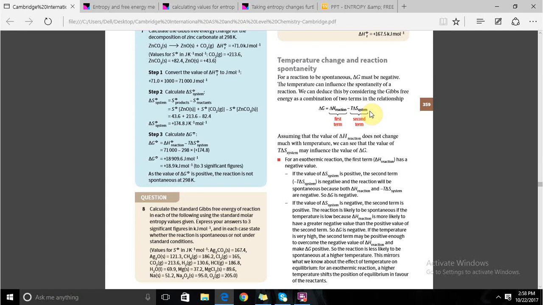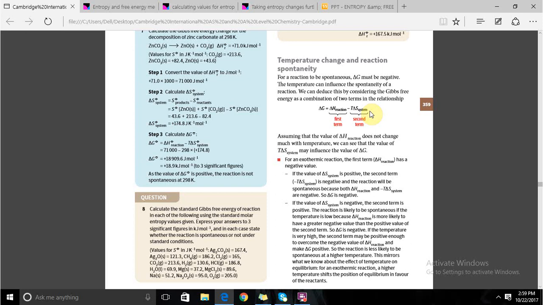because delta H reaction is more likely to have a greater negative value than the positive value of the second term. That is if the value of the temperature is low, because if the value of the temperature is high, then the overall positive value of T delta S will be huge because we have these two terms being multiplied.